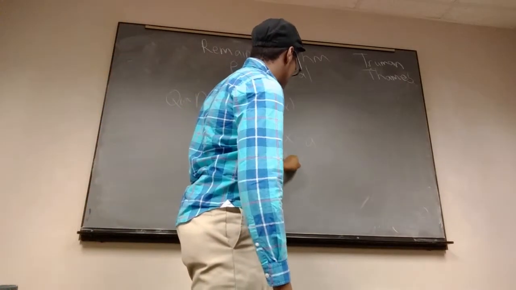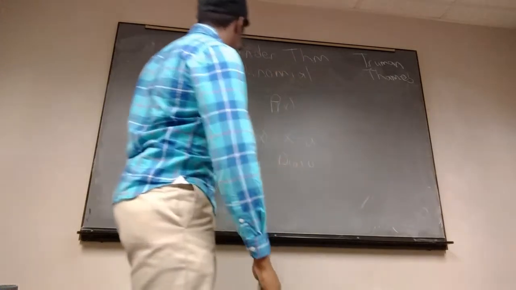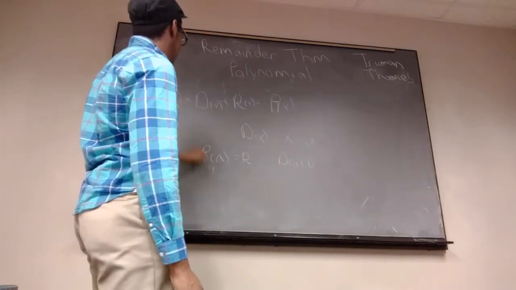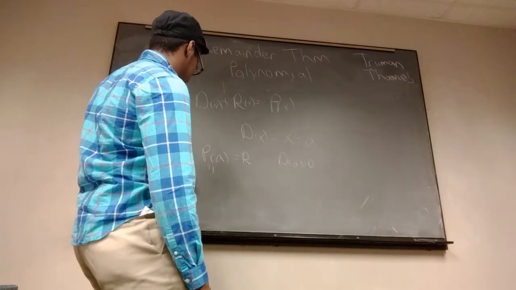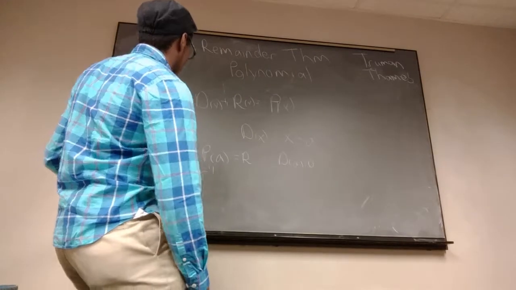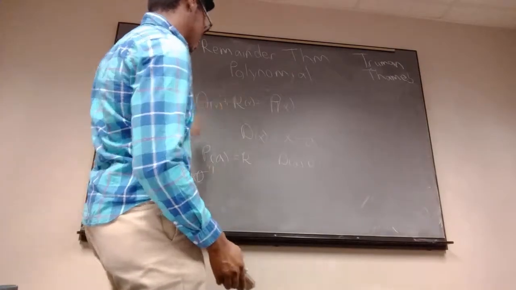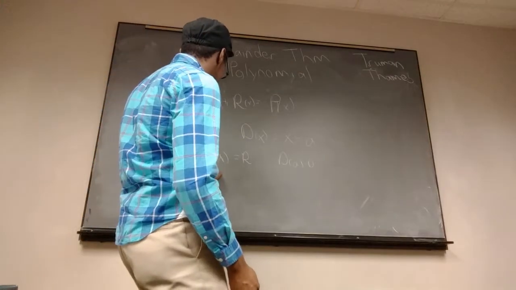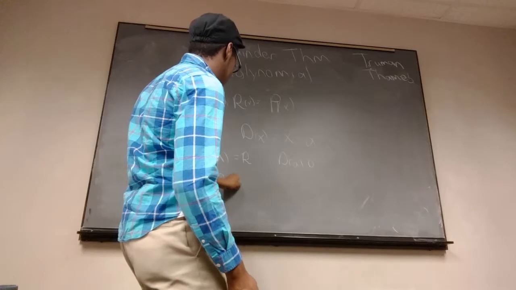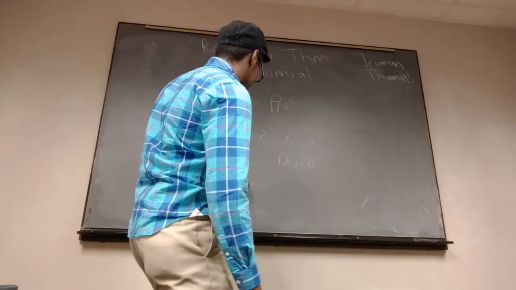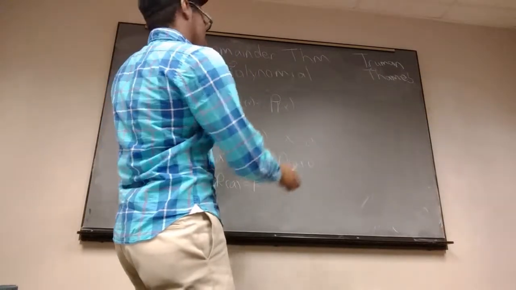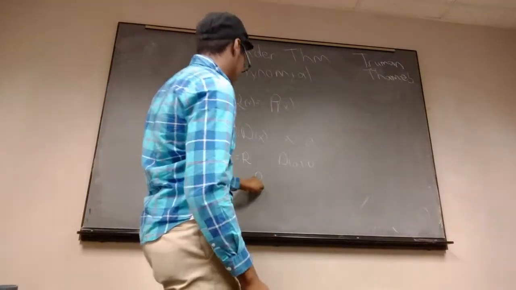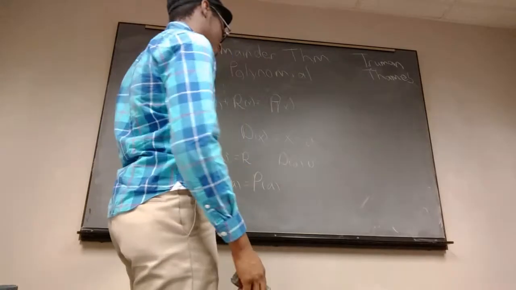So d of a equals 0. So then p of a equals q of a times 0, which is just 0. If we add it to r, it's just going to be the same as r of x, or r of a. We're saying r of a here because we're evaluating the whole thing at a. So anywhere we see x, we have to evaluate at a. So p of a equals r of a.